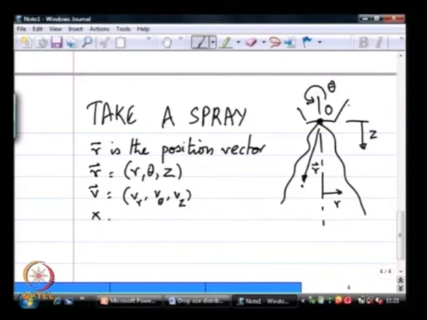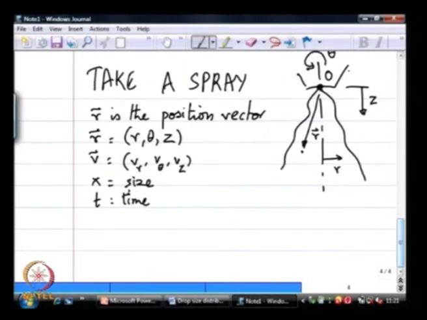And if I simply take the size, and say size is one scalar quantity that describes the physical measure of the volume in the drop, and t is time, then I take a very simple unsteady spray.